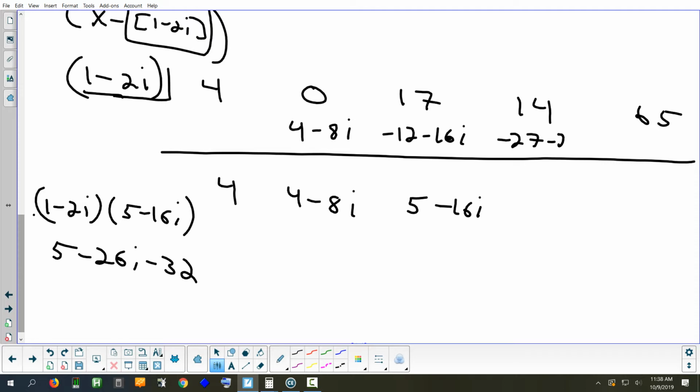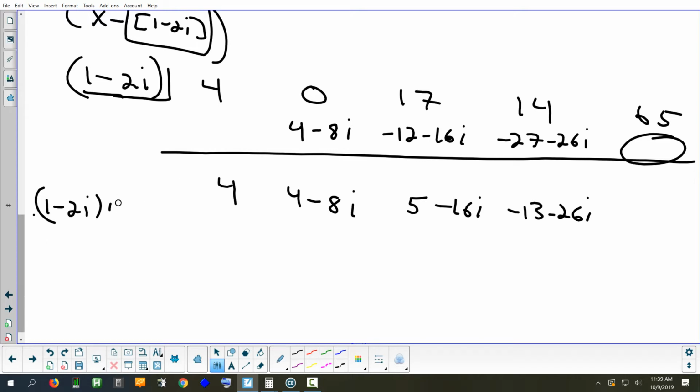And negative 13 times negative 2i. Positive 26i. That's good. Negative 2i times negative 26i. That's a positive 52i squared, which is what number? And what's a negative 52 and a negative 13? Negative 65.